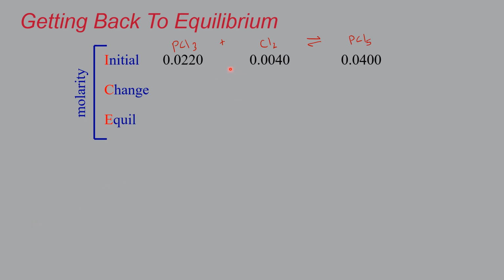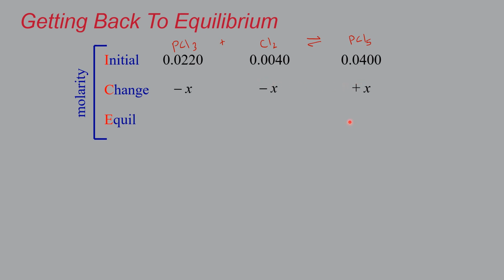Now, we had an inkling that because we added PCl3, and we calculated our reaction quotient, and determined that the reaction is going to be reacting spontaneously in the forward direction, that means we can expect a loss of some amount of the PCl3. By extension, we're going to lose some of the Cl2 with it, and you're going to increase the amount of PCl5.